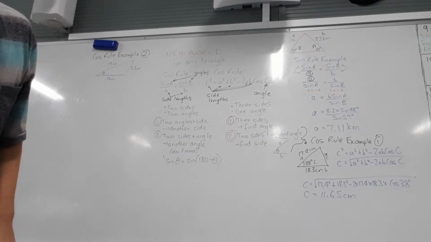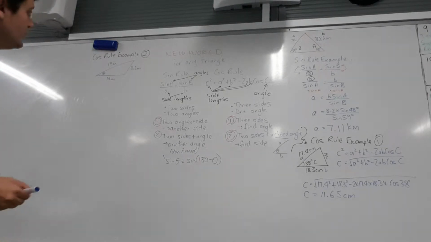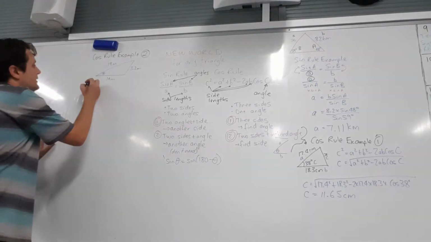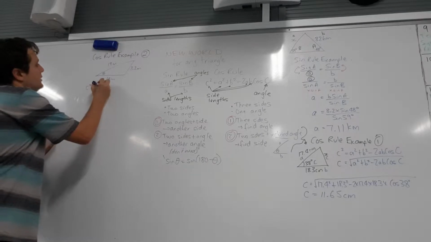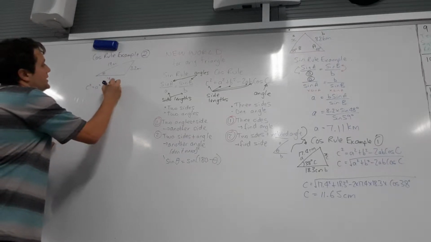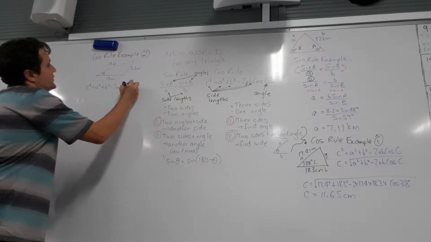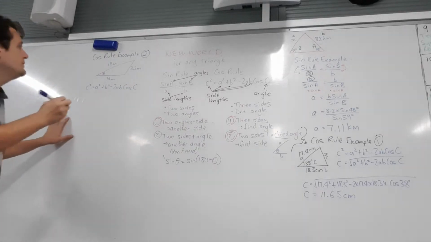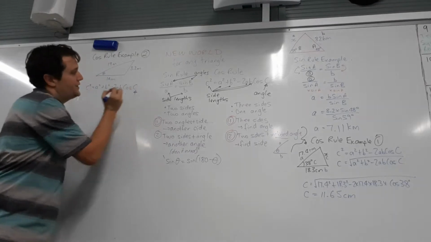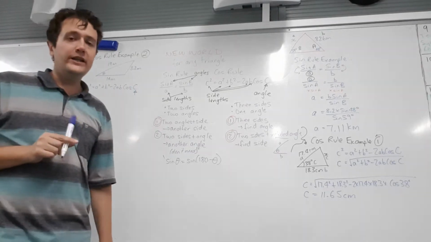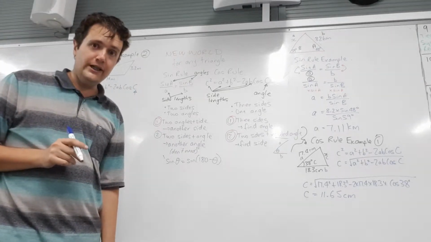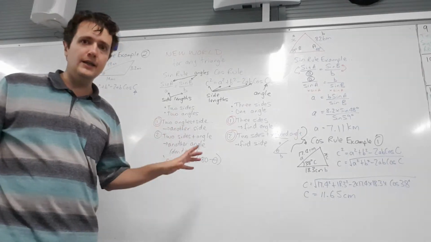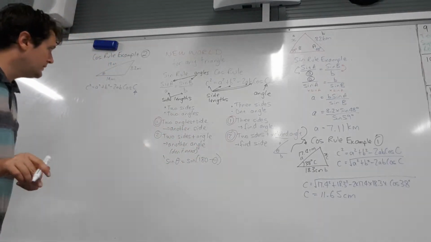All right, so let's start with the cos rule formula again. C squared is A squared plus B squared, take 2AB cos C. Now, the issue is that we want to find out C. We are going to do a lot of rearranging here so that I end up with C equals something as an expression.